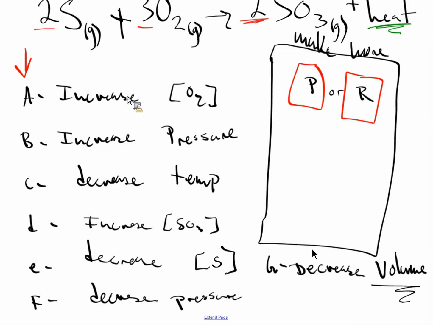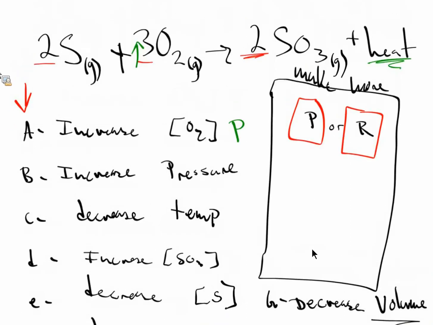So in A, we are increasing the concentration of O2, which means that the equilibrium shifts to produce more products. All right, increasing the pressure would shift to the side with the fewer number of moles, so 2 would be over here. So we would say product.